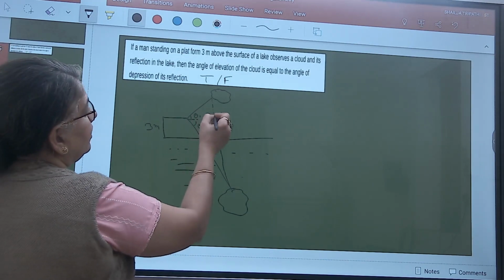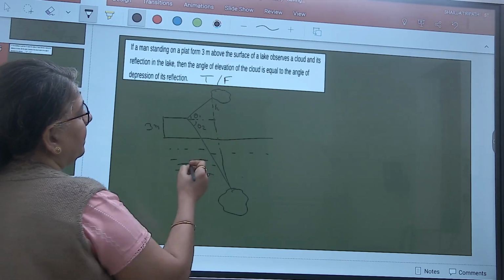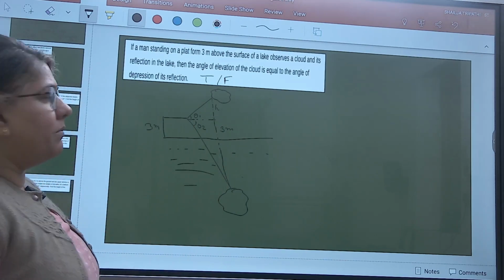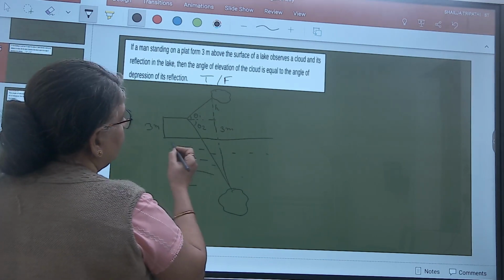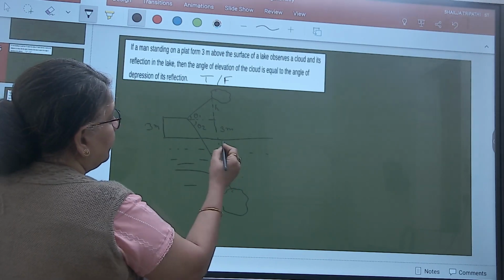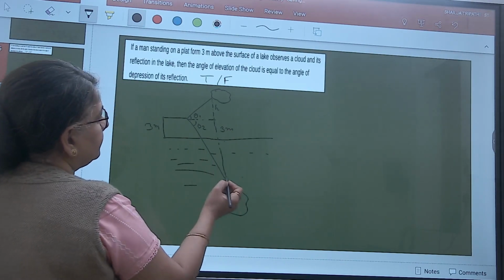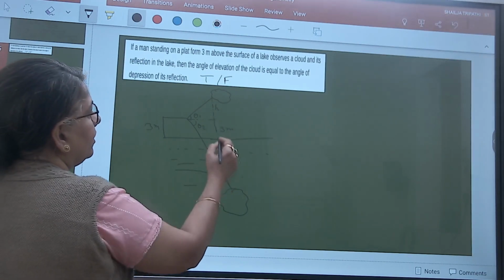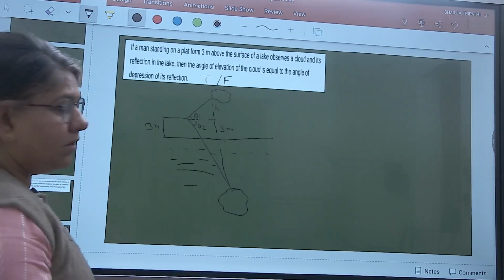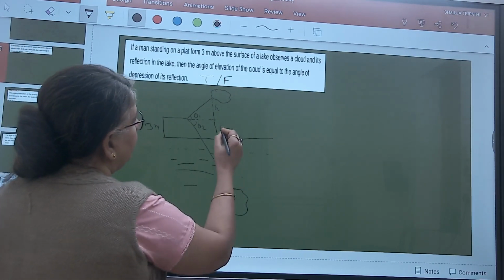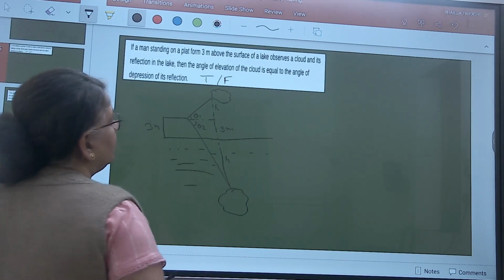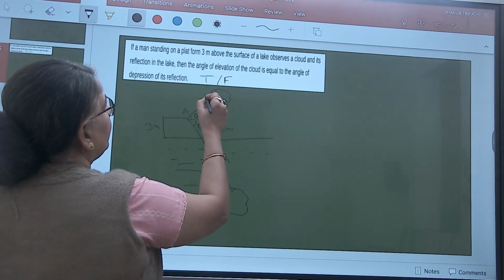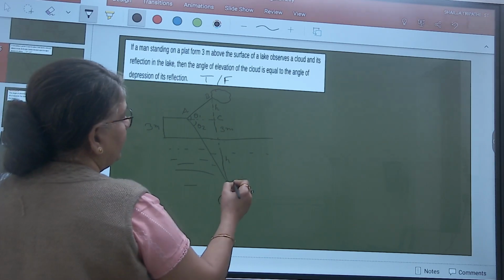Let this height be h, and this is already given, 3 meters, because the platform is 3 meters above the lake. So this is our lake. The reflection will again be 3 plus h distance below. So this will be 3 plus h. Let's label the diagram A, B, C and D.